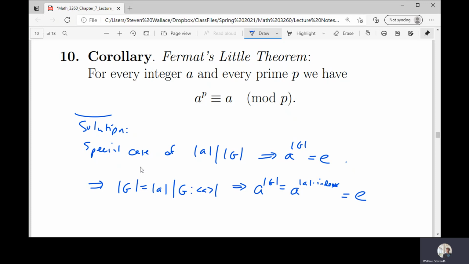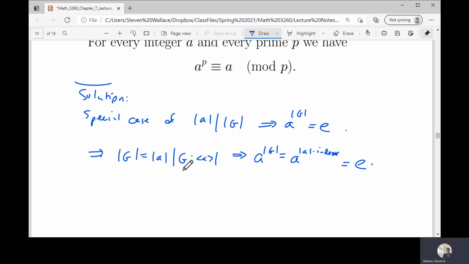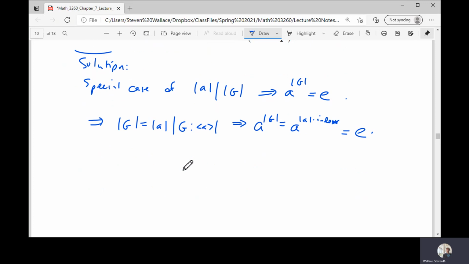So now, why does that help us? Okay, well, let's let G be the unitary group for P. That is, it's the multiplicative group of integers modulo P, right?